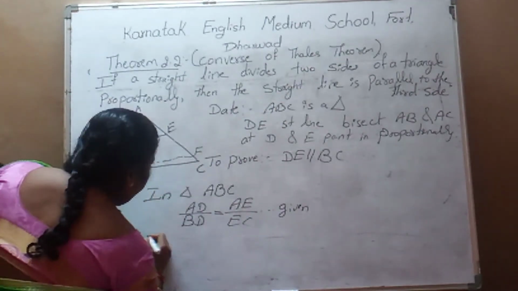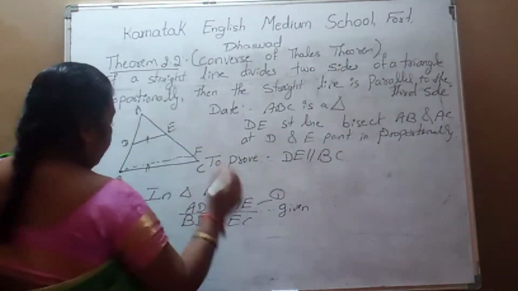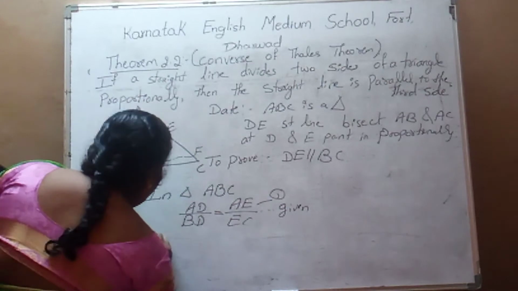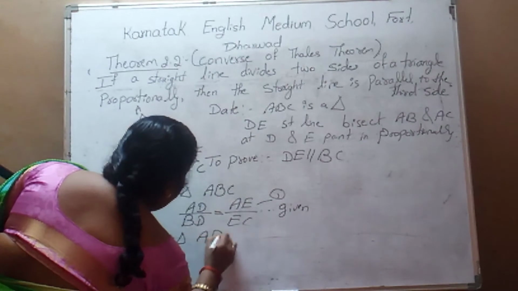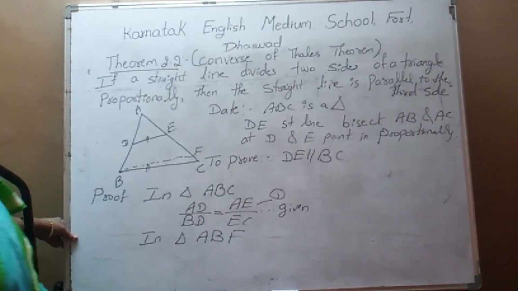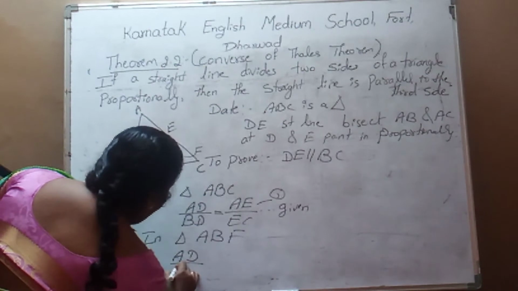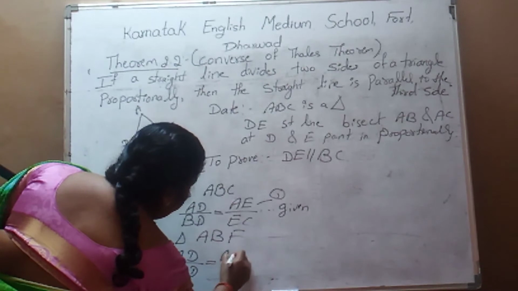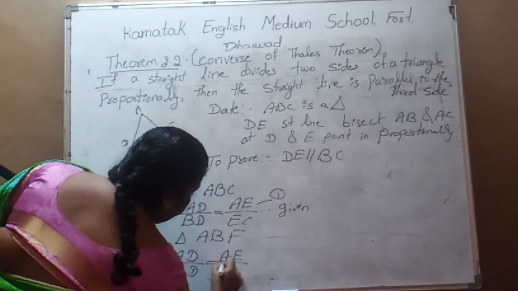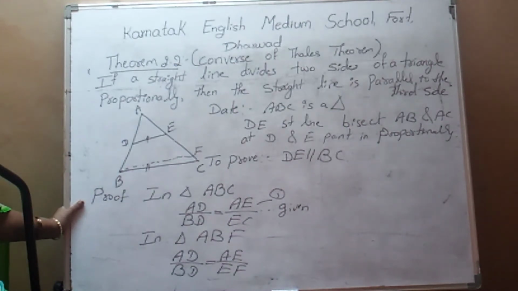Therefore, in triangle ABF, AD upon BD equal to AE upon EF.